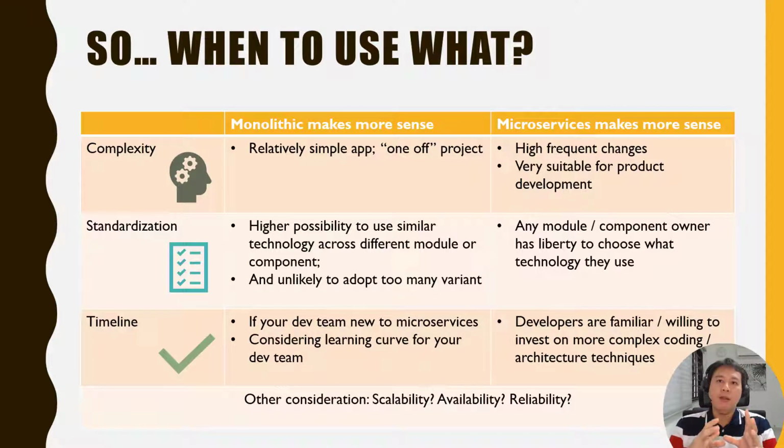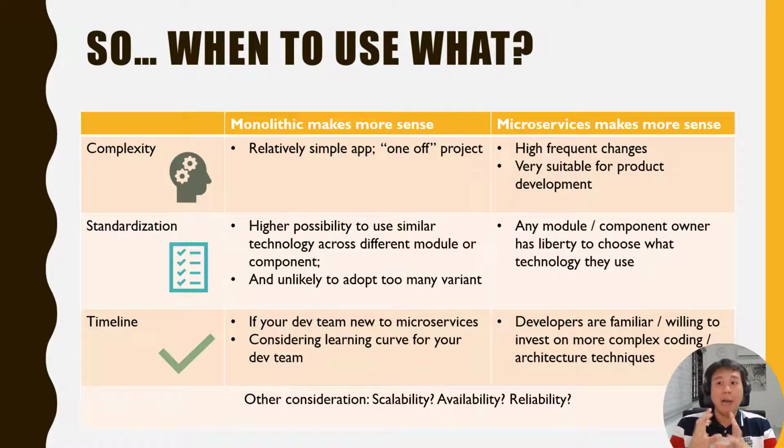But monolith applications make more sense for one-off projects. You basically capture a customer requirement one time, you code it, and then you deliver it. That makes more sense with monolith. If your organization also allows you the liberty to choose which technology stack you want, I think that's also a good reason to use a microservice architecture, or else perhaps monolith is a better approach.